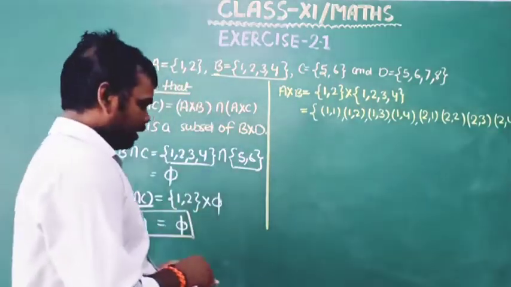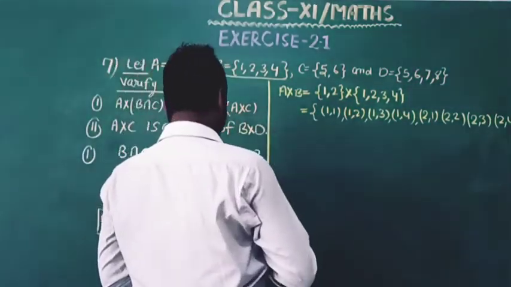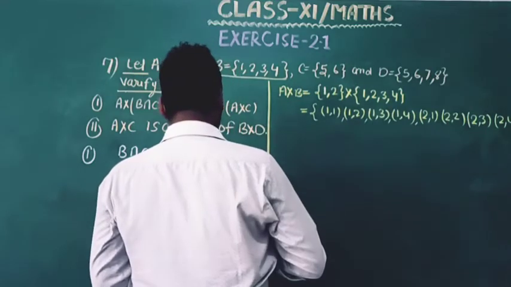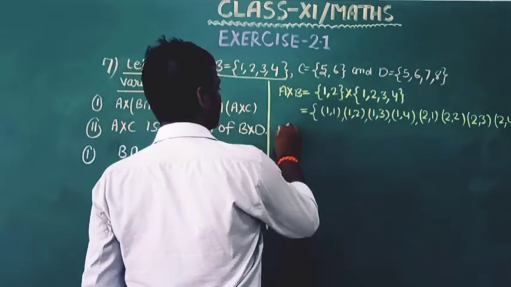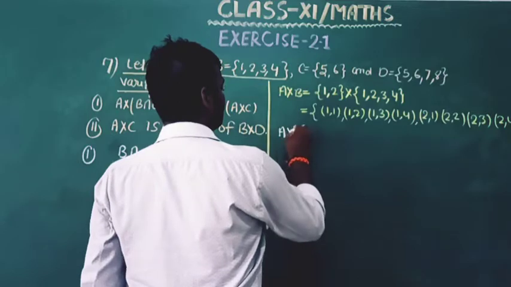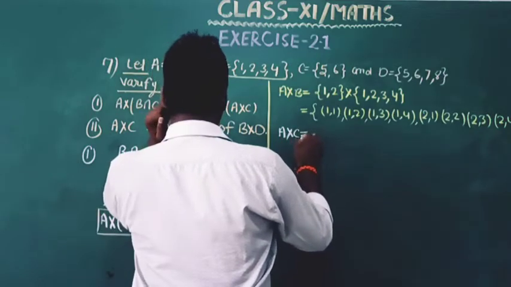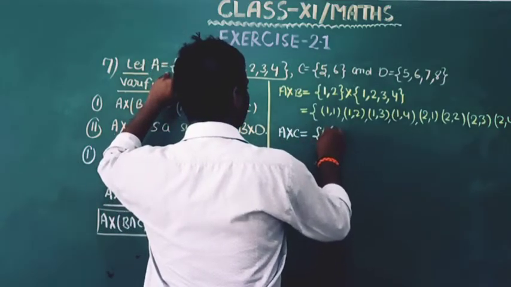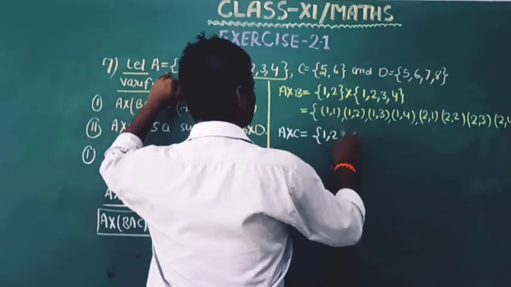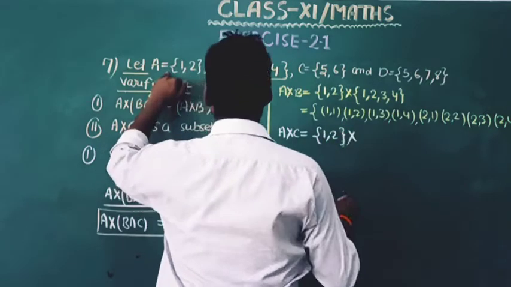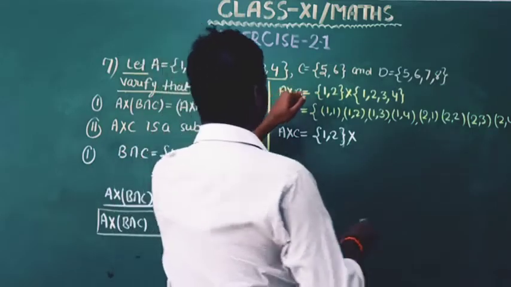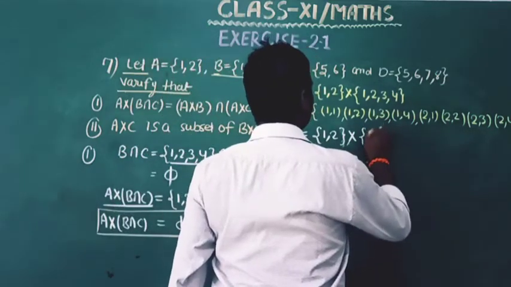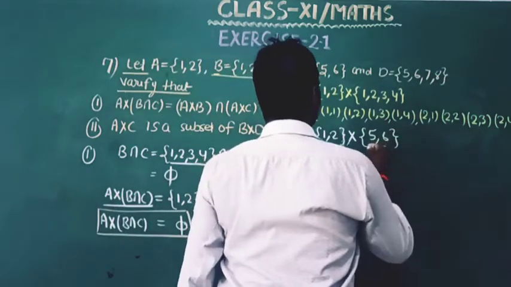And also find the Cartesian product of A cross C. A is 1, 2 into C, which is 5, 6.